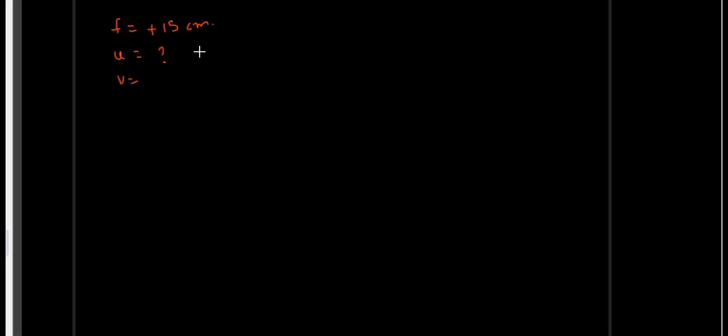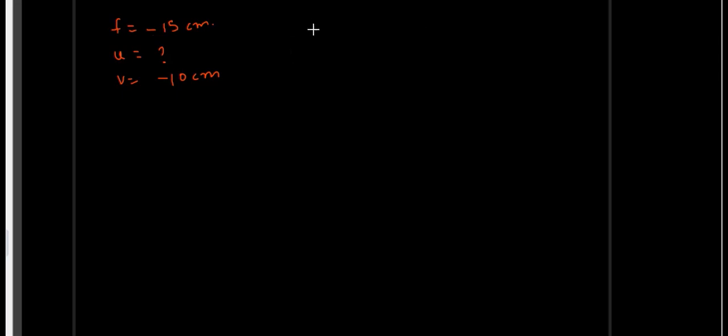Image is given to you. It is minus 10 centimeter. Now focal length is negative because it's a concave lens. I just didn't see. My mistake. So minus 15 for concave. Remember, for concave, focal length is negative. For convex, focal length is positive.